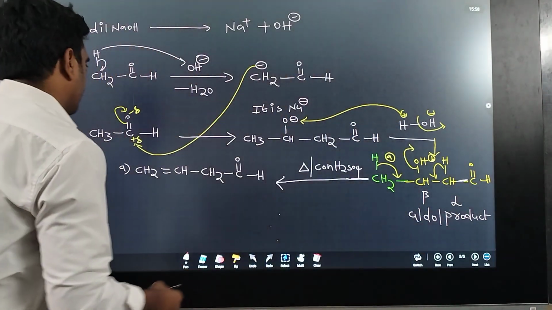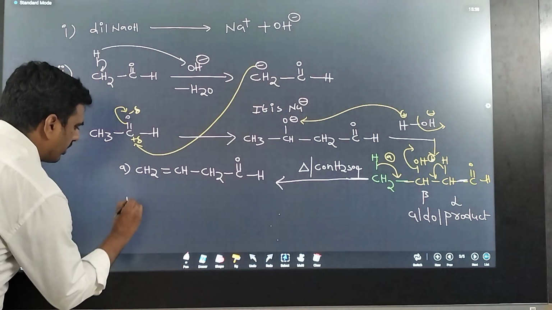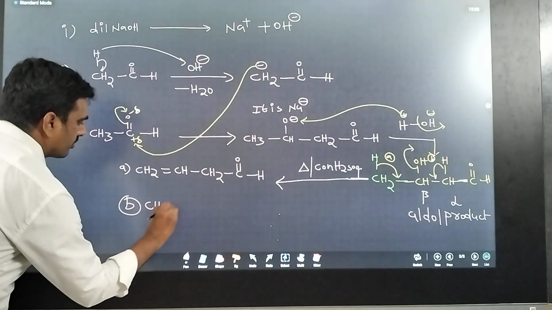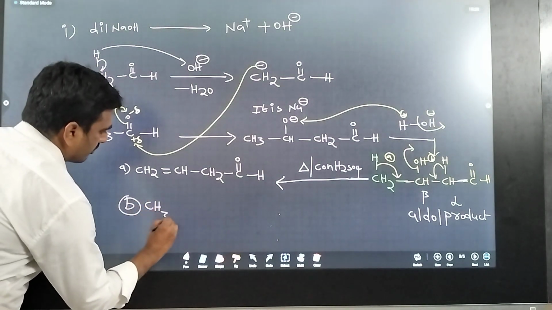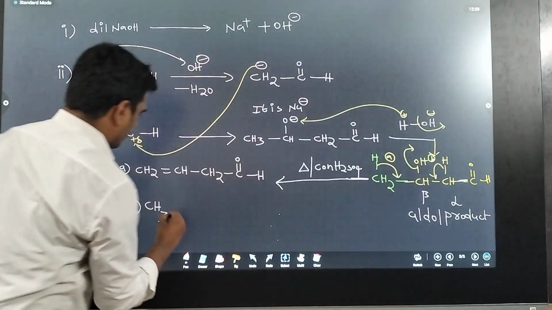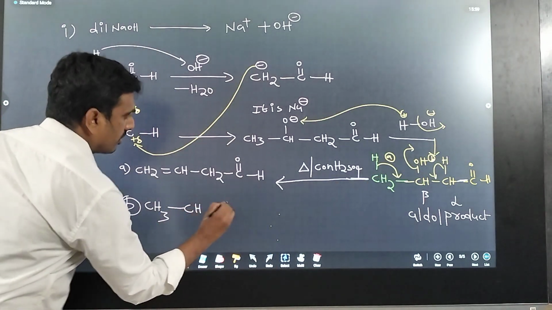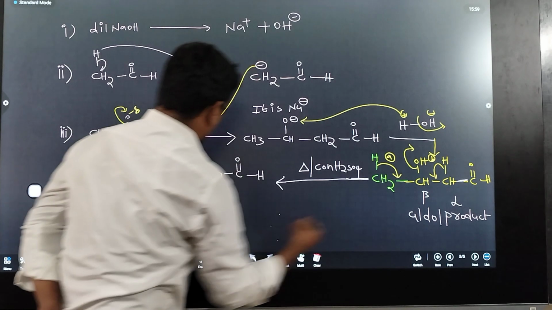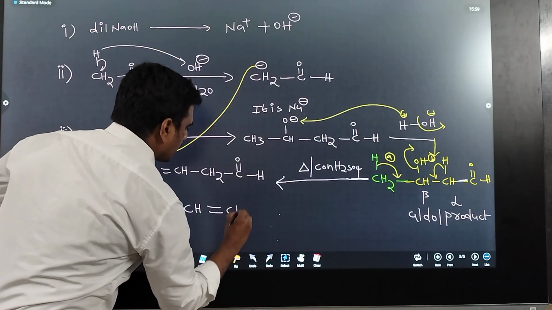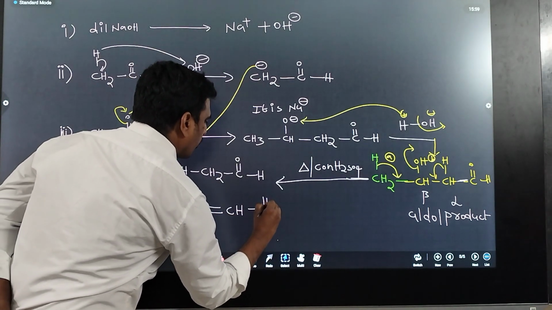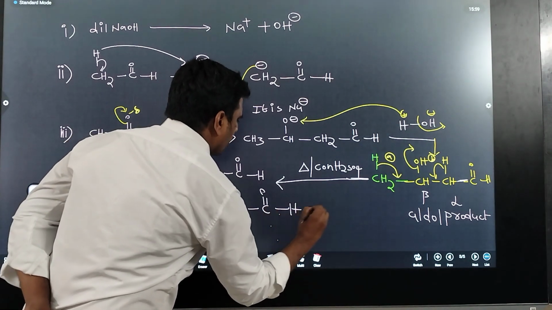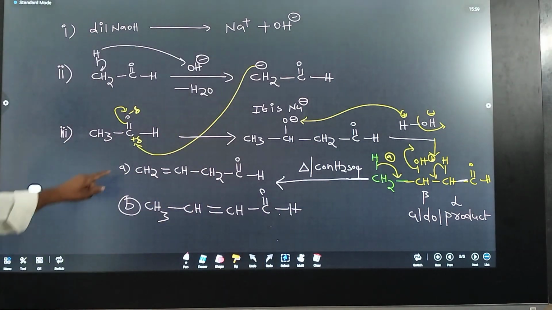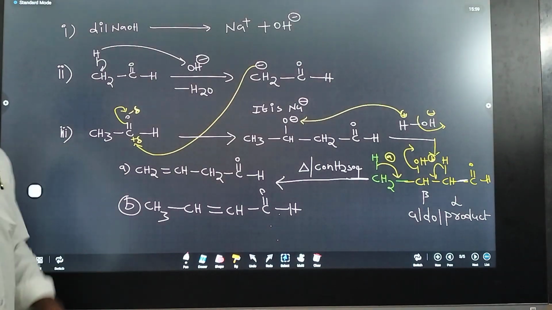So here B possibility, CH3, CH and CH2, CH3, CH, so double bond formed between these two carbon atoms, CH, C double bond OH. So here two products are possible, A and B. Which is the major, which is the minor?